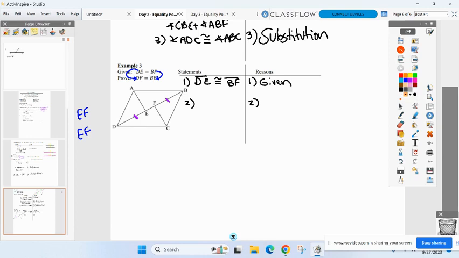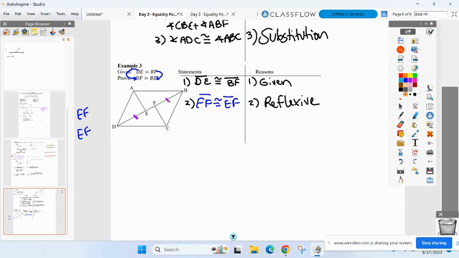Where's the second one come from? EF congruent to EF. And why is that true? Because of the reflexive property. Yep. That's where you're going to start using reflexive.